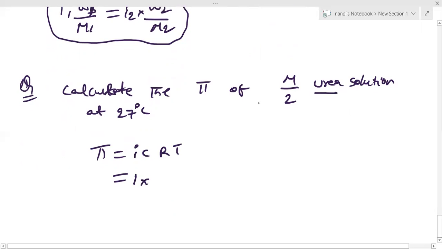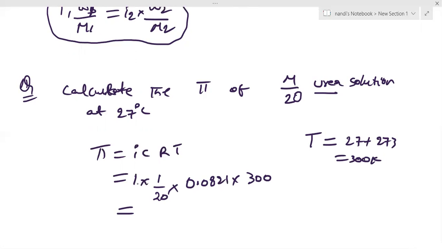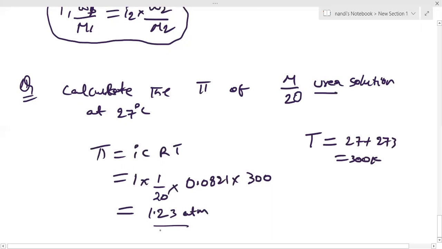C is provided: M by 20, where M means molarity, nothing but C. So 1 by 20 into R value, I am taking 0.0821. Temperature should always be in Kelvin: 27 plus 273, you will get 300 Kelvin. By solving this you will get your answer, approximately 1.238. This is the osmotic pressure.